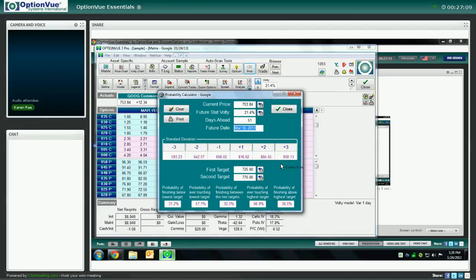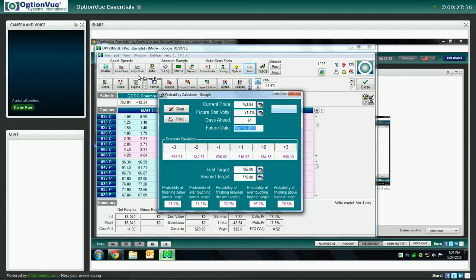Obviously, we have black swan days, but mathematically the chances are not very strong. So use the probability calculator and put it to your advantage. I hope I've covered this in a lot of detail, because this is a really important screen in the program, and I don't know that many people that use the probability calculator.